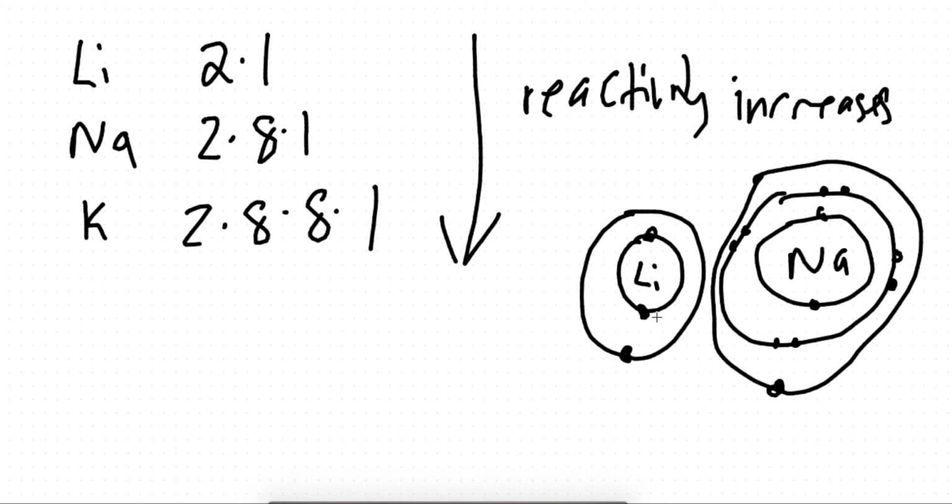Far away, easier to lose. The closer the electron is to the nucleus, the more it's going to stay, because the nucleus is pulling it closer. So reactivity increases as we go down the group. Do you get this so far? Awesome. Just think logically, never be afraid of chemistry.